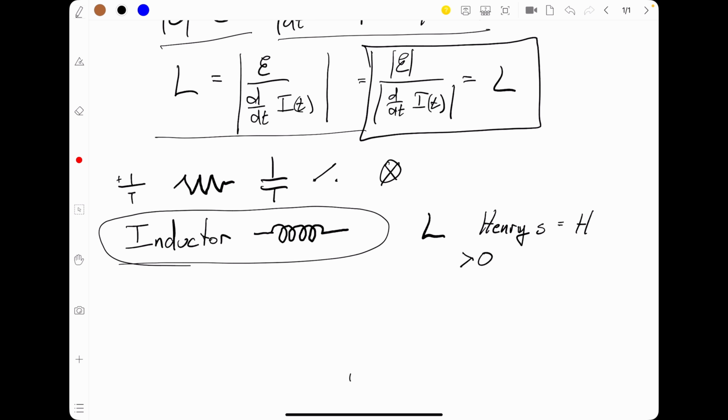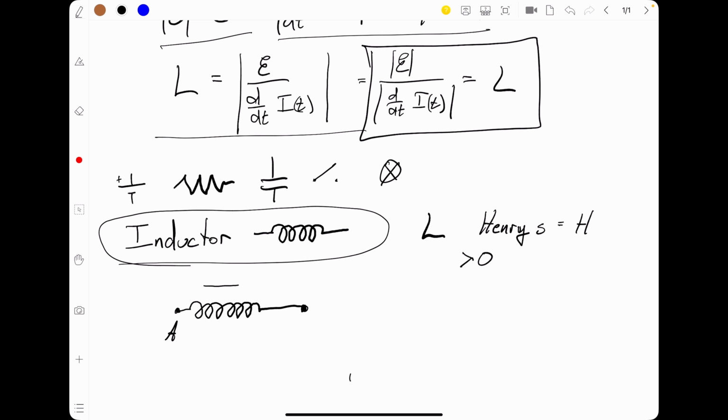And here's kind of what you might see, all right? So here's point A, here's point B, here's some inductor. I don't want to do all the squiggles all the way down the line.